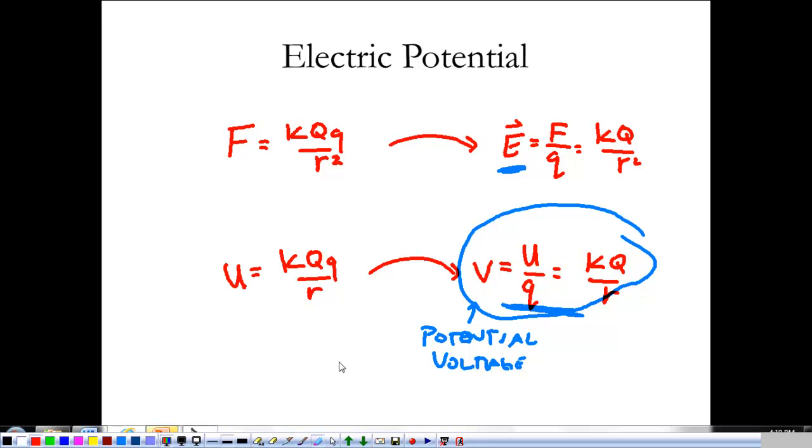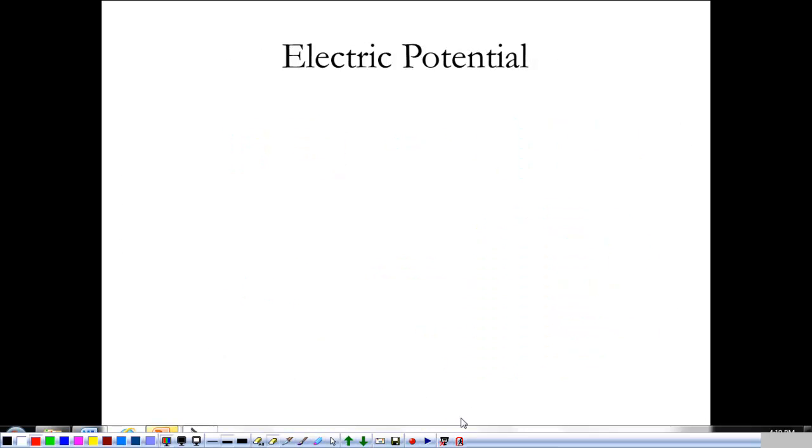In fact, looking at it, let's erase it so that we can see what we're looking at. Looking at it, electric potential difference being KQ over r, this being the distance I am away from my charge, q, if q is positive, V is positive.